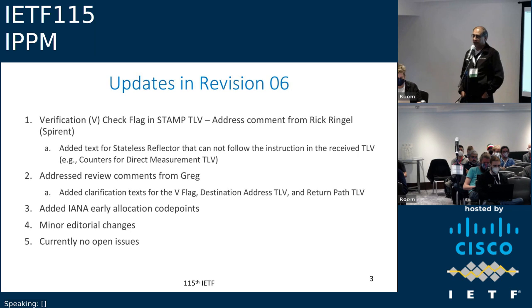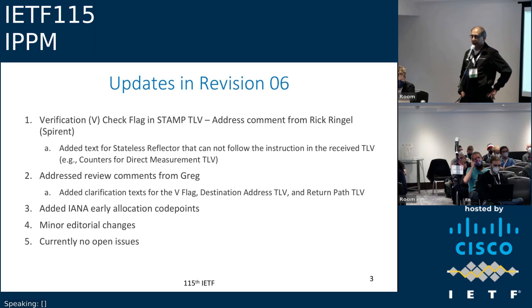So in the latest revision 06, we have addressed various review comments. Many thanks to Rick and Greg for providing the comments. Comments from Rick from Spirent regarding the V check flag for the session reflector, specifically for the counters for the direct measurement TLV. So we have added the text for that.